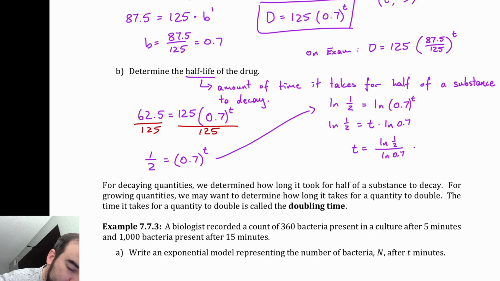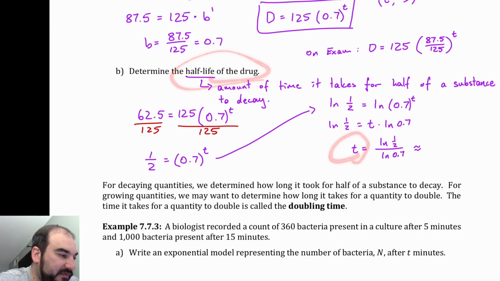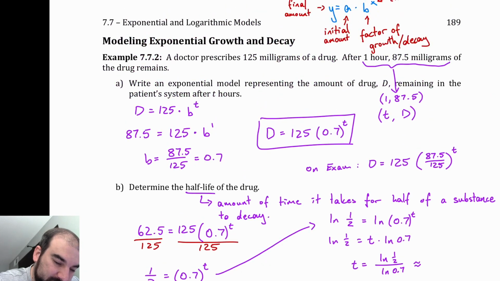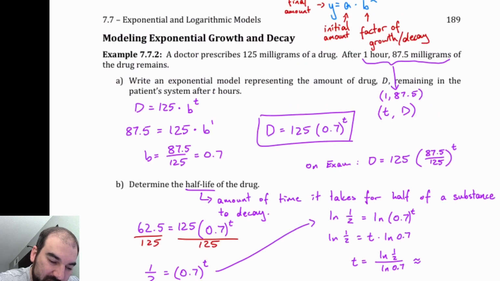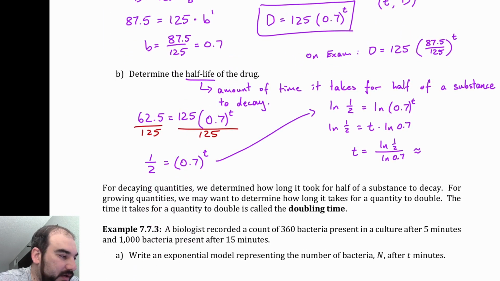And we can leave it like that as far as the exam is concerned. But for homework's sake, it's going to ask you probably to round this half-life to the nearest hour maybe, nearest minute maybe, or like 2 decimal places of an hour, something like that. So in that case, we would need to plug this into a calculator.